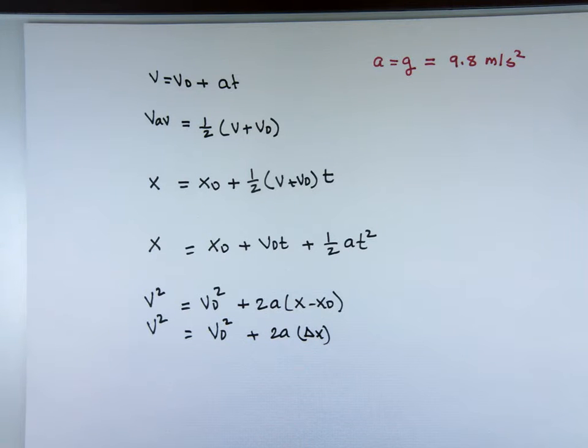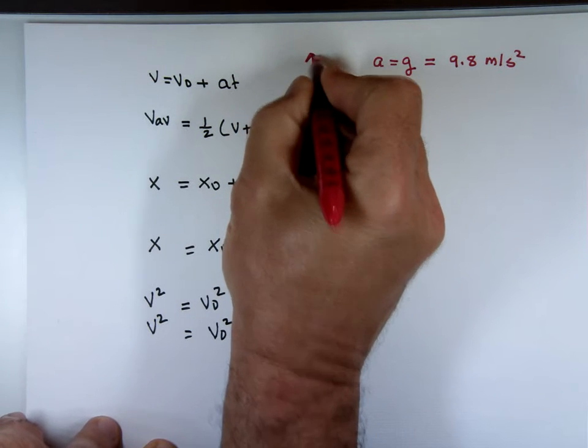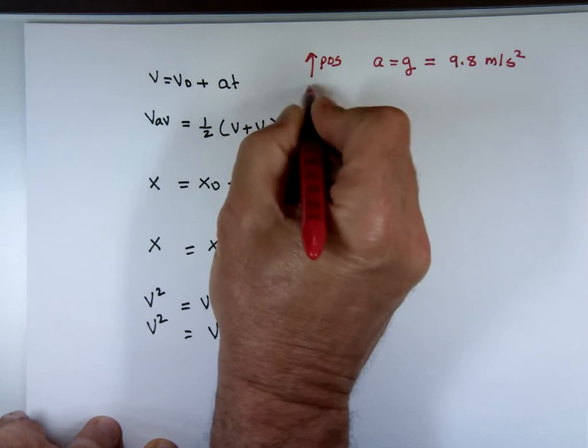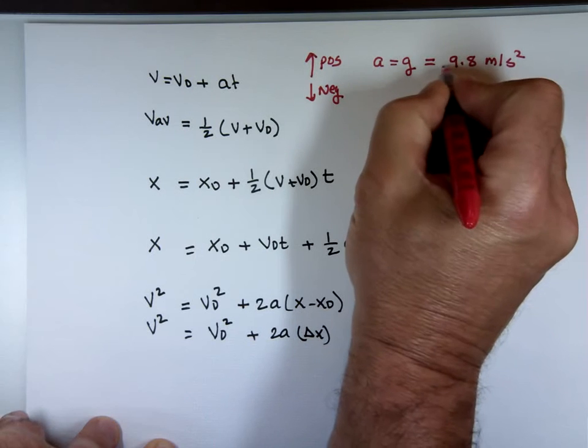I can't tell quickly. I don't see enough examples to see if they use positive or negative g here. I think we'll use up as positive for now and down as negative. So if I use that, then gravity is negative 9.8.